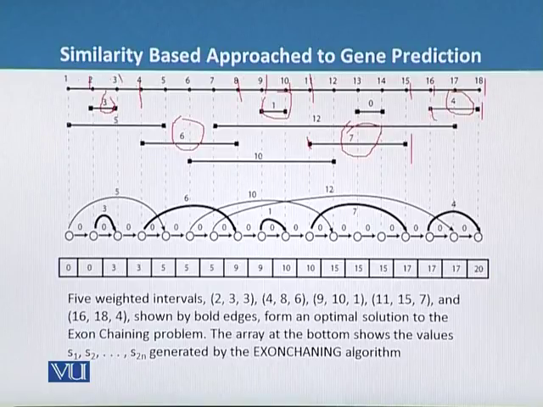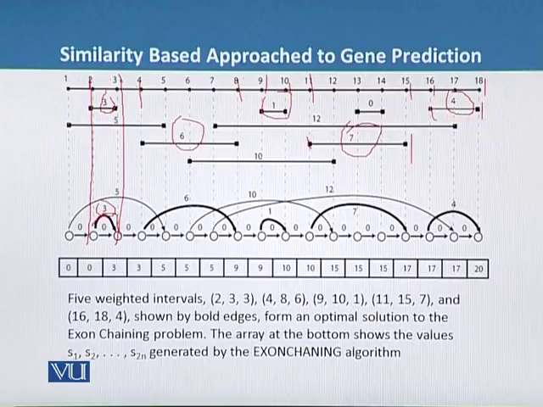In the graphic display we can also write this. The first is 2, 3, 3, starting from 2 and ending at 3, so we write 2, 3 and a weight of 3. The second starts from 4, and the bold lines represent these weighted intervals, and this is the second one starting from 4 and ending at 8.